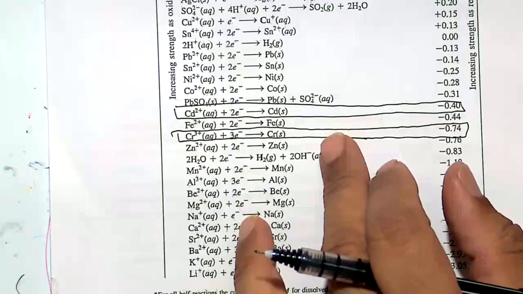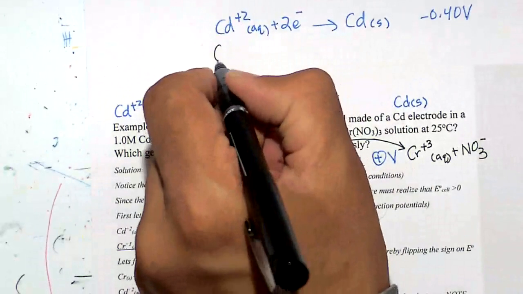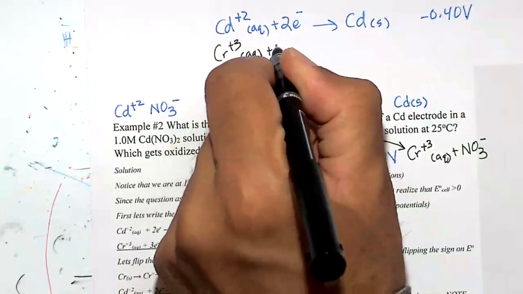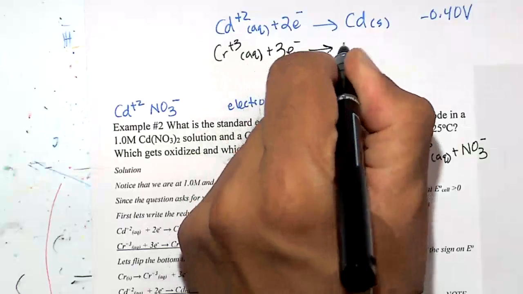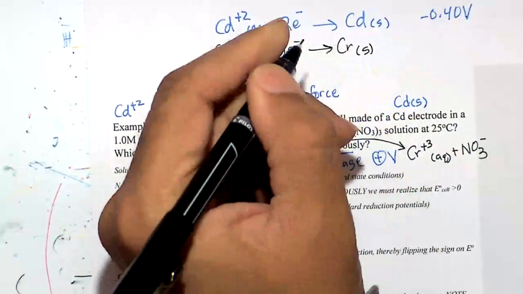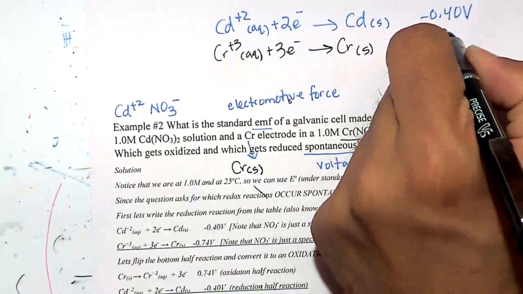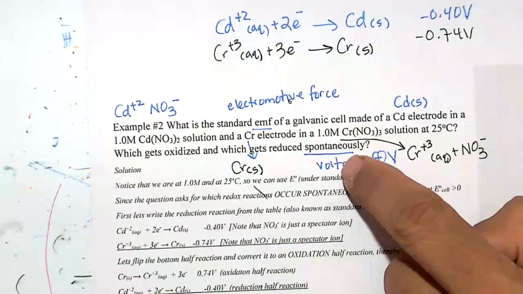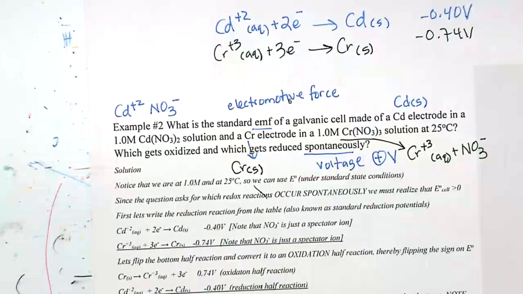I'm going to write this down as is. Now, spontaneously, that means positive voltage. So I'm going to flip one. Which one am I going to flip to get a positive voltage? Both of these are reduction and both of these are cathode.